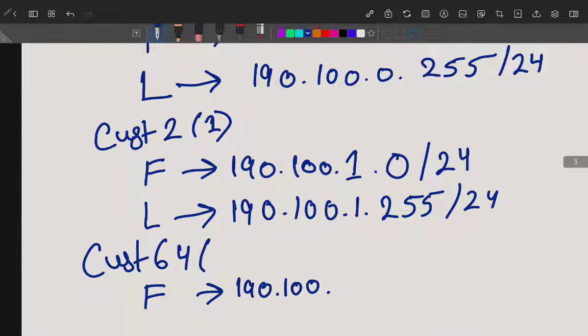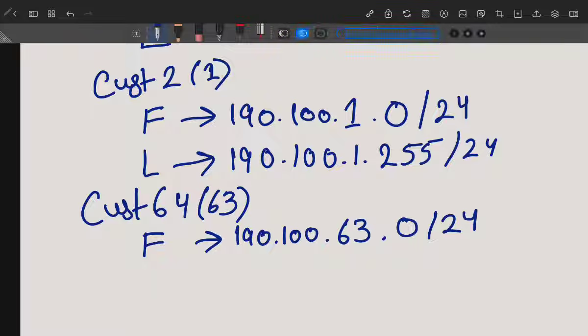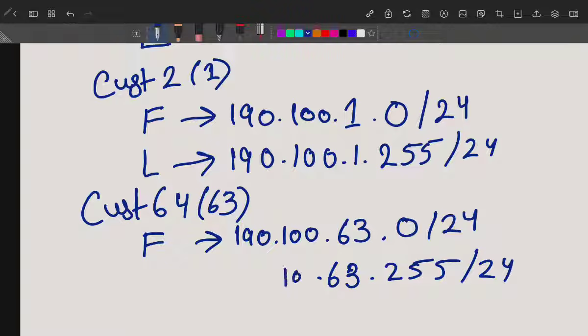Now customer 64 in computer terms will be 63. Therefore 63 would be the first address of customer 64, 190.100.63.0/24. His last address would follow the same pattern: 190.100.63.255/24.